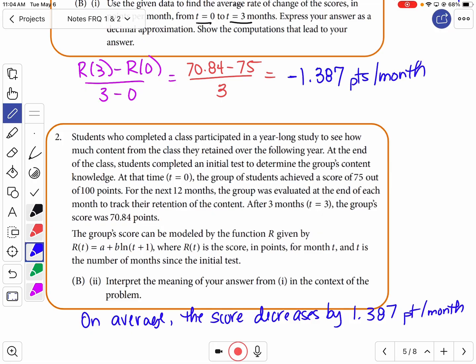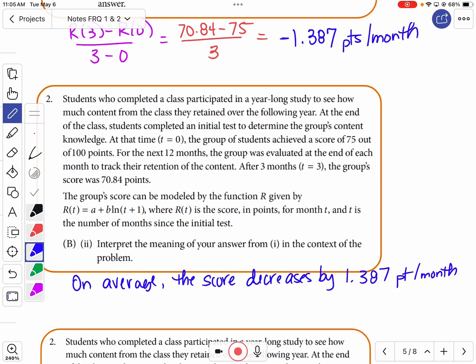If we say decreases, we leave it 1.387. If we say increases, we leave it if it's increasing. So if it's positive, you say increasing, leave it positive. If it's negative, decreasing, leave it positive. So the score is going to decrease. They want you to compute something and then explain what it is, when it's in context.